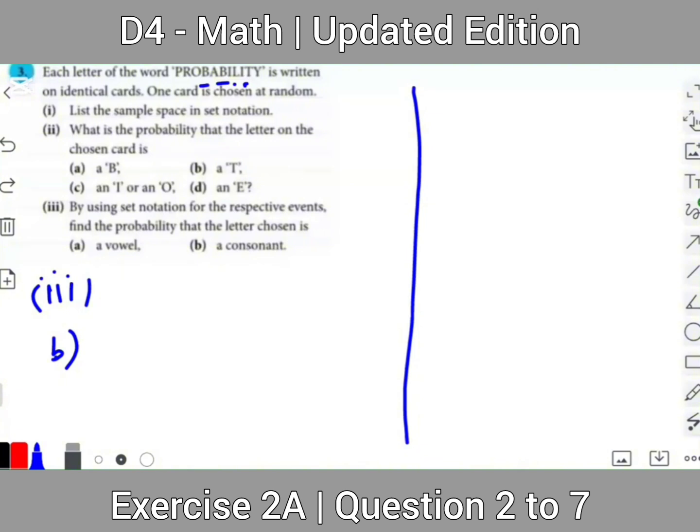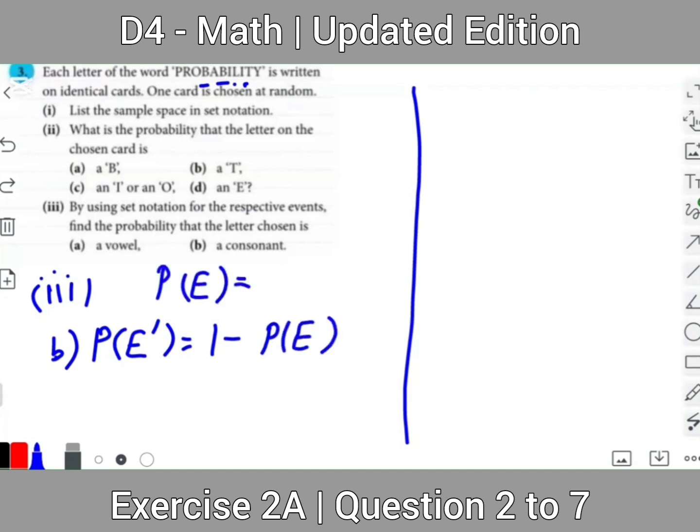So for part B, let E prime be the event that the letter chosen is a consonant. Since we know that the probability of the complement of an event equals 1 minus the probability of the event, and the value of the probability of E was 4 over 11, we will put the value here: 1 minus 4 over 11.